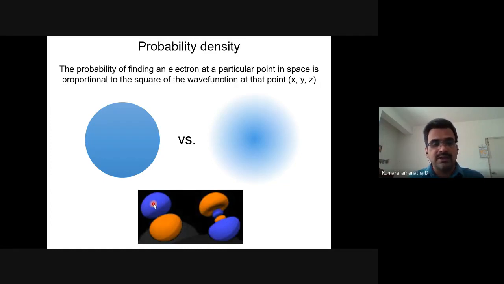Even in the last class we discussed that the orange color represents positive wave function and blue represents negative wave function. Here in between you cannot find the electron either here or here.